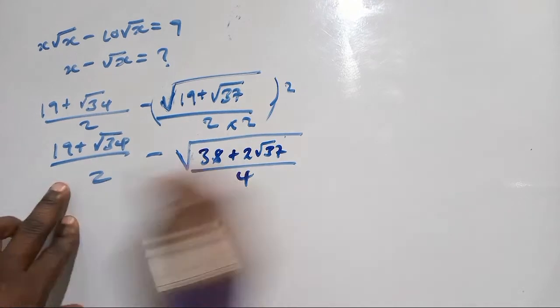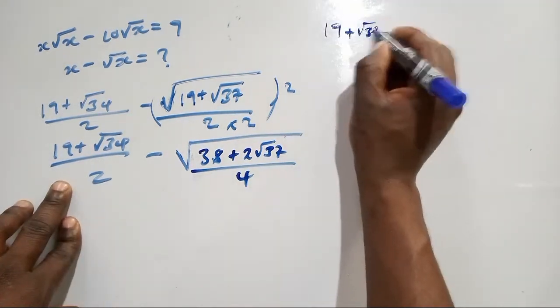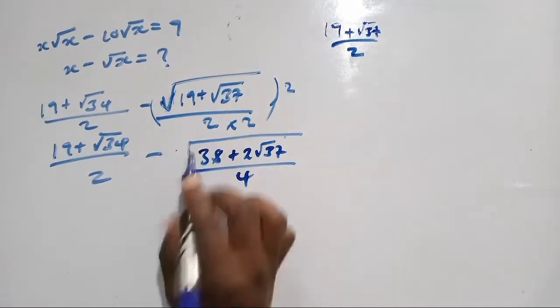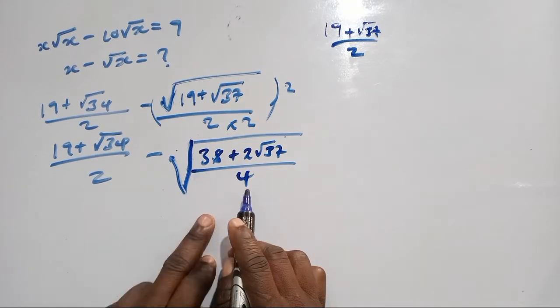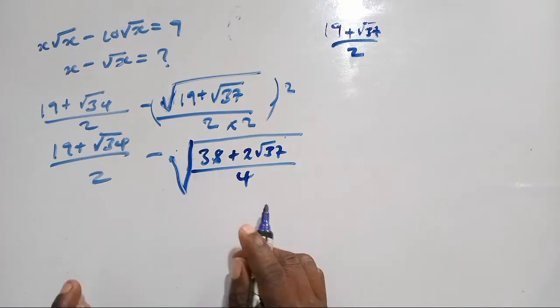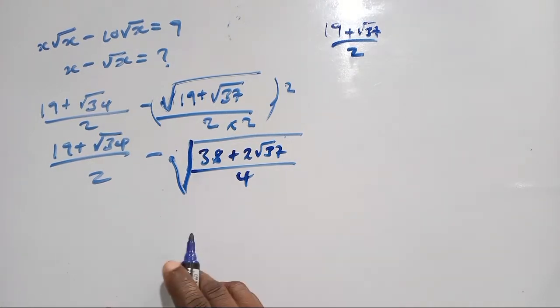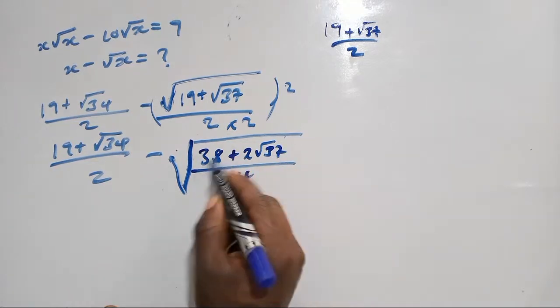Then this square root here, the 4 is even. So we're going to look for two numbers which when you multiply give you 37 and when you add give us this 38.